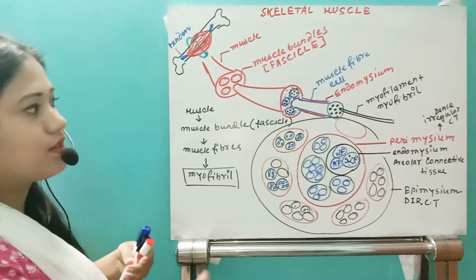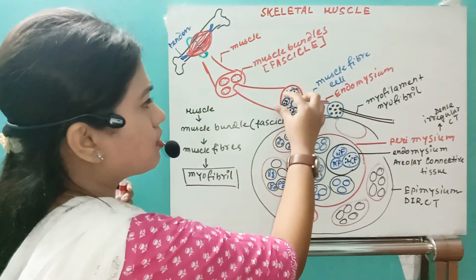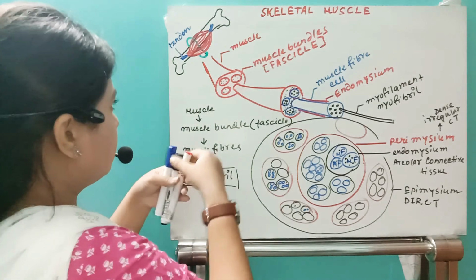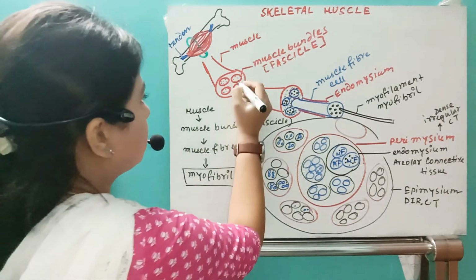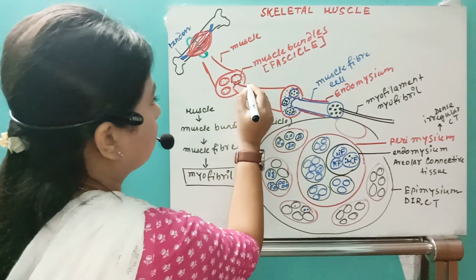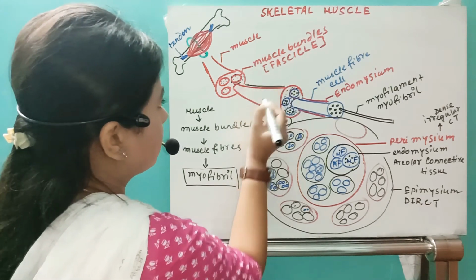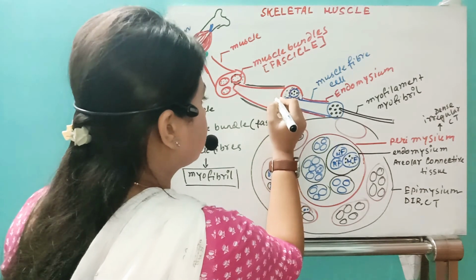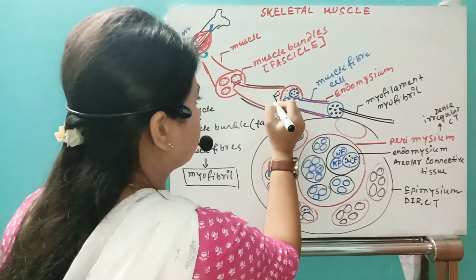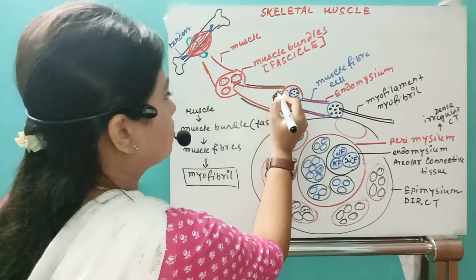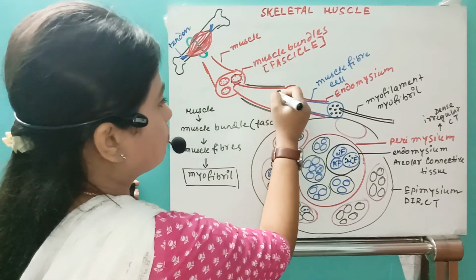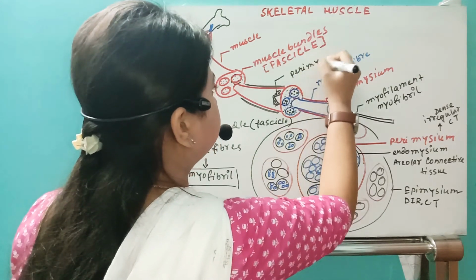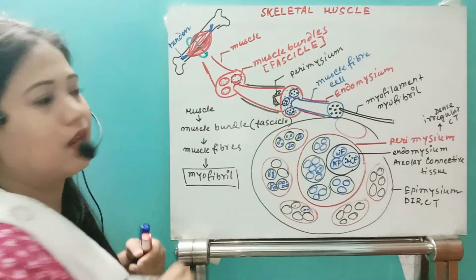Now outside, see, a number of small bundles of muscle fibers are present. What is that? This one, this is the covering, right? If you want to see this covering, then what will appear? This peeling, that will be known as the perimysium. Understand?